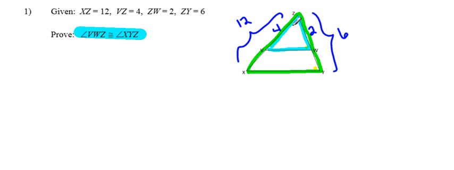Hopefully, as you're looking at this diagram, you're seeing that red angle at the top of the picture that's common to both triangles, so it has to be the same in both by the reflexive property. And that's the gist or the direction that this proof is going to take. So I'm going to go ahead and start out talking about how angle Z is congruent to itself by the reflexive property.